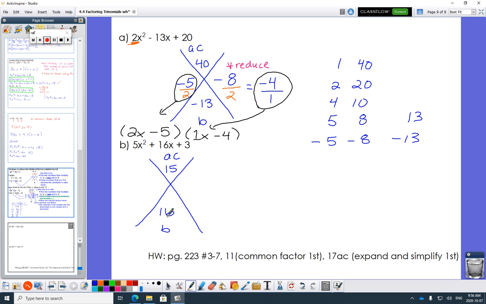Not so bad, especially if there's positives. What are two numbers that multiply to 15 but add to 16? Has to be 15 and 1, or 1 and 15, right?